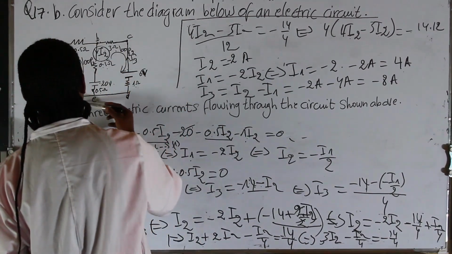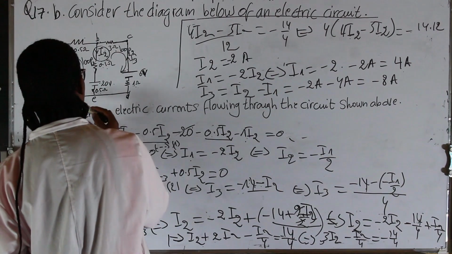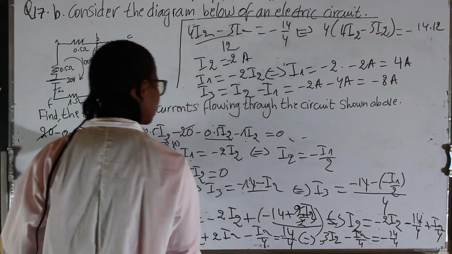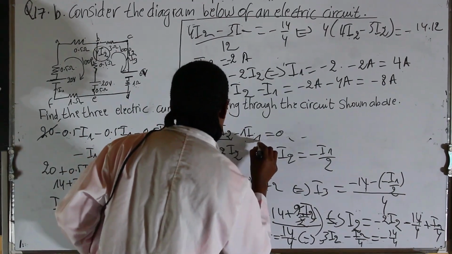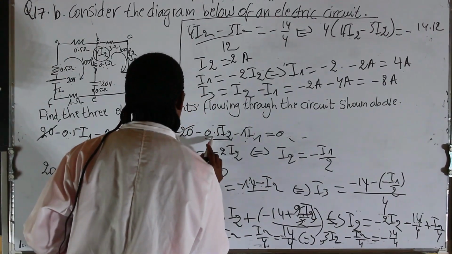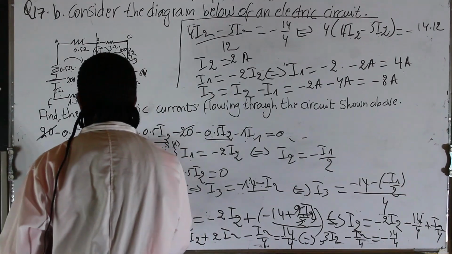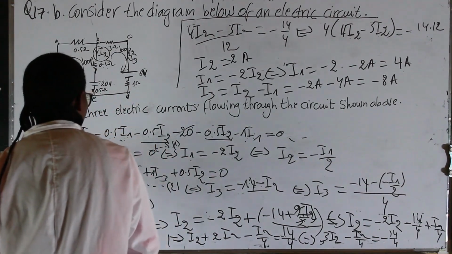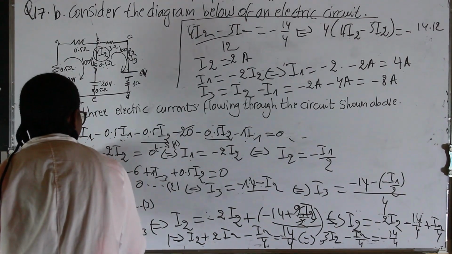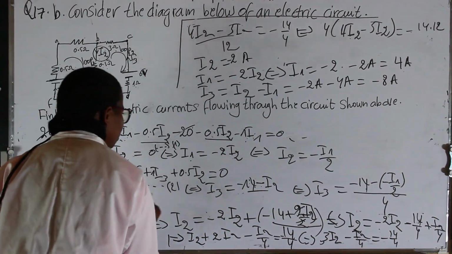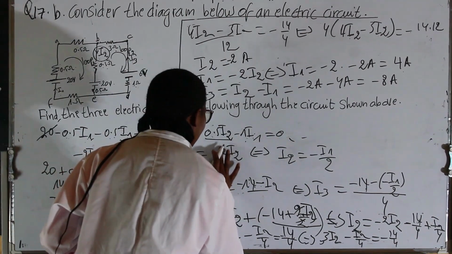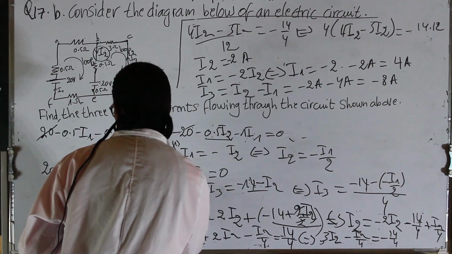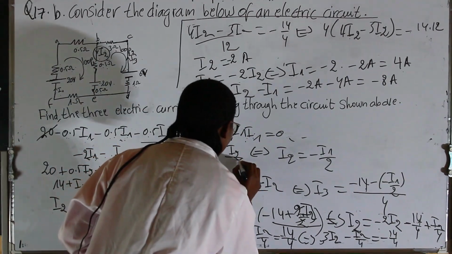Current I1, here it is passing I1. This is I1. This is I1, I2, I1. Then here it is I2, then I1 will be equal to I2 over 2.